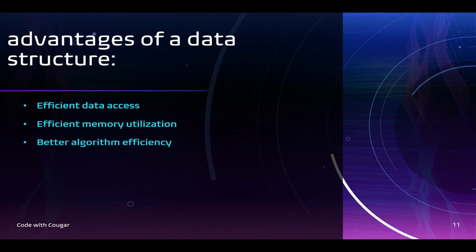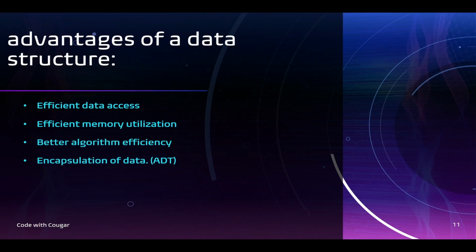So the third advantage of data structures is better algorithm efficiency, as data structures provide optimized algorithms for common operations like searching and sorting, which can significantly improve the efficiency of operations on data structures. The fourth advantage of data structures is encapsulation of data.